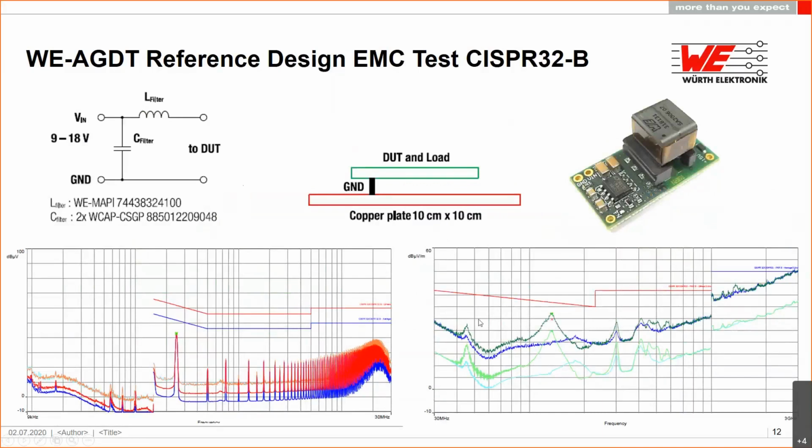The radiated test was passed anyway because it's a very compact design with very good layout. You can copy paste this and you have no issues with radiated emissions. And this was made without any shielding, of course. Usually designs with higher power are all shielded, so this is not an issue. Only the cable is then the issue because of the conducted emissions, and with our system here, usually no problem.